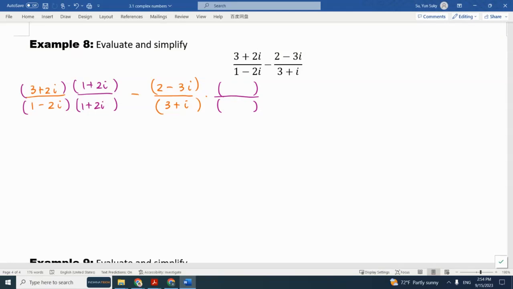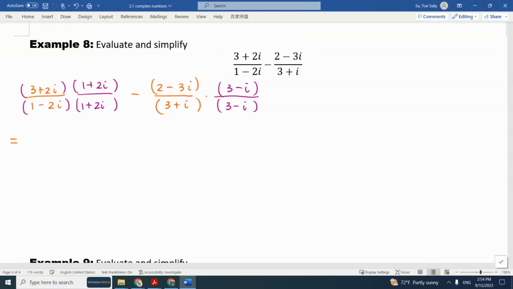The conjugate of the denominator is? Yes, 3 minus i. So you see, we treat them differently because they have different denominators. Okay, so we treat them differently. We multiply by different conjugates.